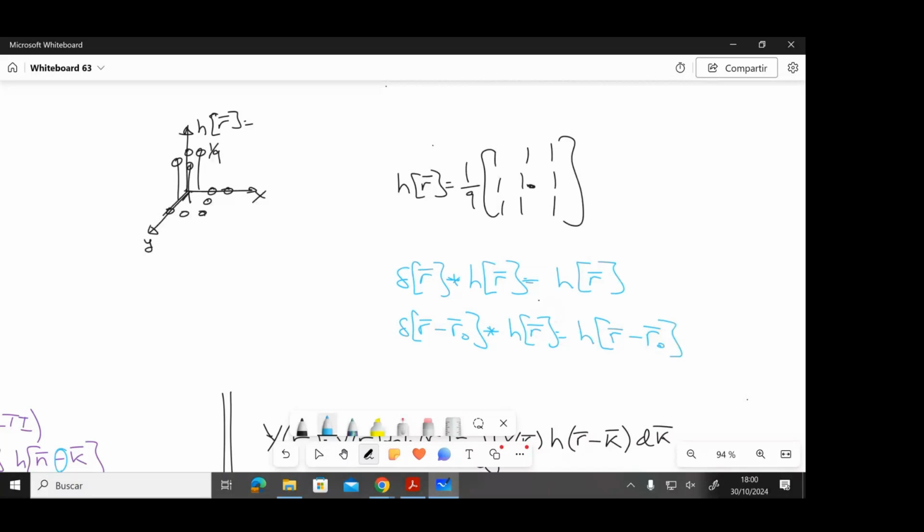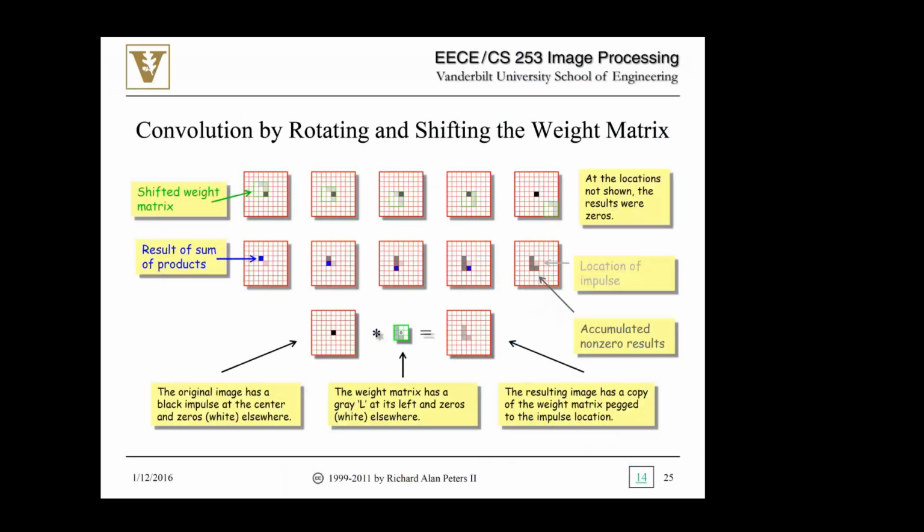So let's see if this still holds for images. Okay, good. So let's say that we have a delta, we have a kernel. So the result should be the kernel.